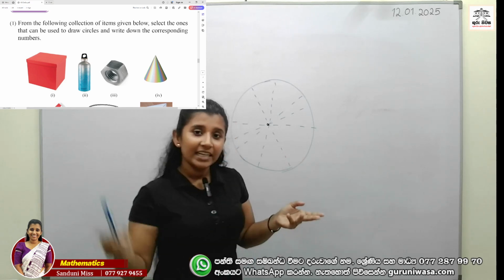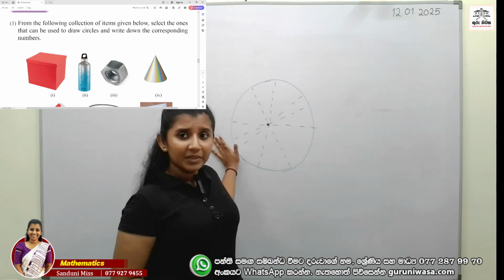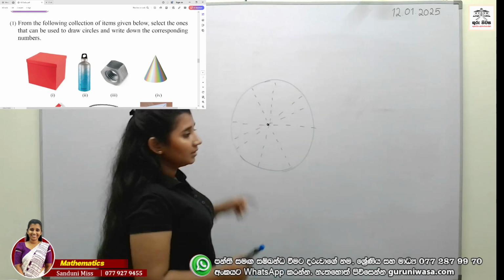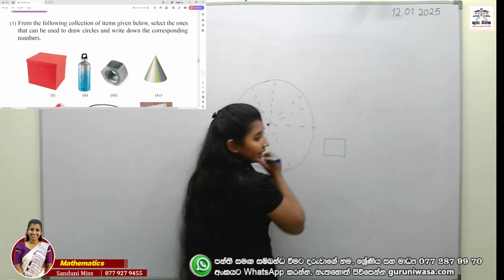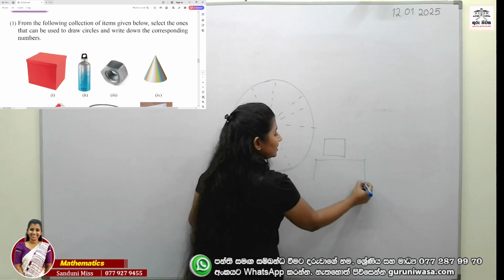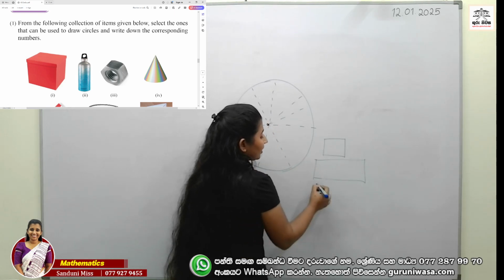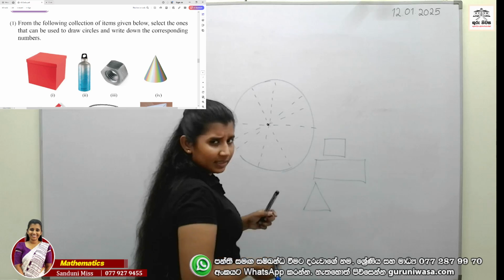A circle is an exactly circular shape. There are no line segments. No lines, right? Are there any lines? No. Now, a square is completely lines. A rectangle is also lines. No circular arcs, right? And what about a triangle? It's also lines.